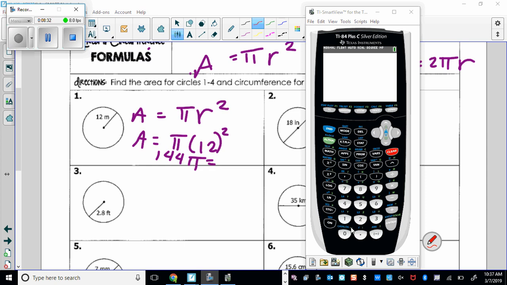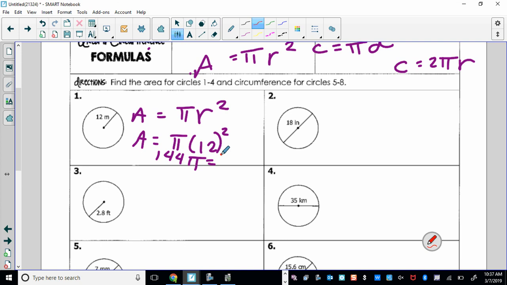So you put 144 times, see the sign on top, you put second pi. So that's the answer. You can just leave it like that, especially if the question asks you to leave it in terms of pi. But if not, you have to write the decimal. So it's 452.39. I'll put 452.39 here. Okay, that's the answer.